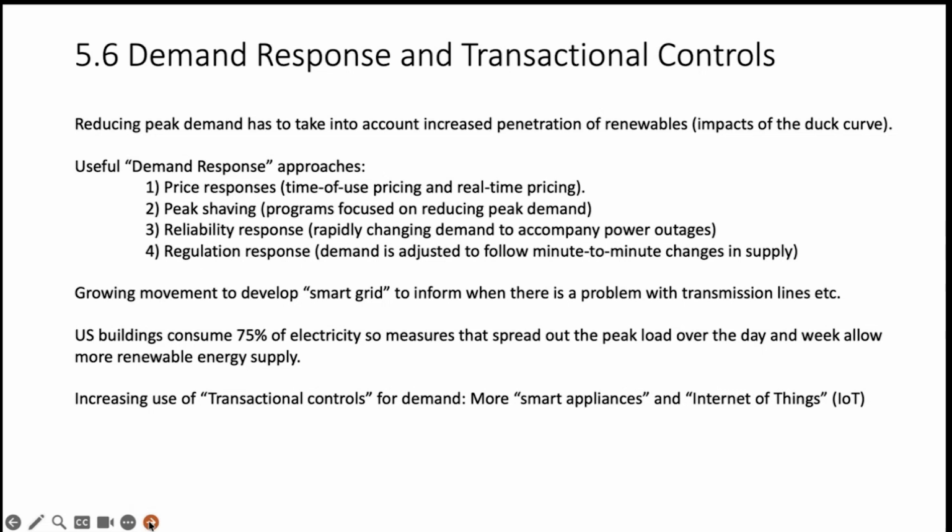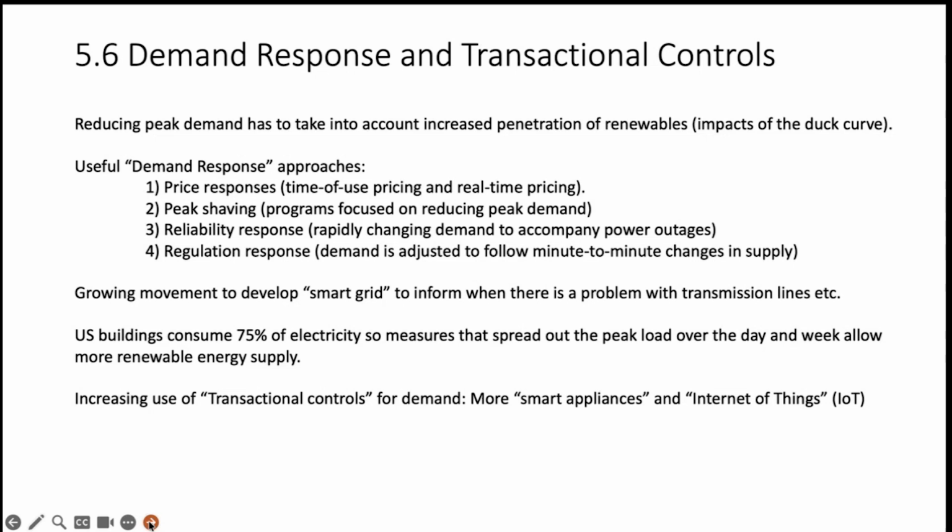The reliability response, which is concerned with having a way to rapidly respond to changing demand to accompany power outages, and the regulation response, where demand is adjusted to follow minute-to-minute changes in supply. So there's a growing movement to develop what they call the smart grid to inform when there is a problem with the transmission lines.